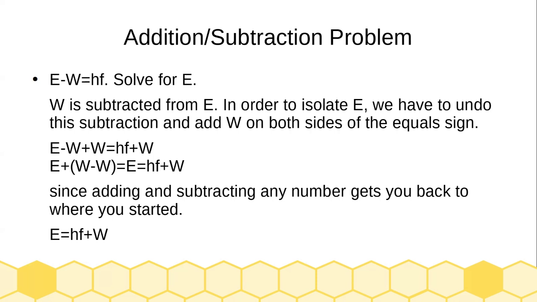So W is subtracted from E. In order to isolate E, we have to undo this subtraction and add W on both sides of the equal sign. So E minus W plus W equals hf plus W. You put W on both sides of the equal sign, and it's going to be the same, and it holds true. So E minus W plus W equals E, which is equal to hf plus W.